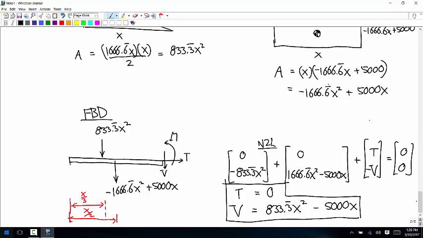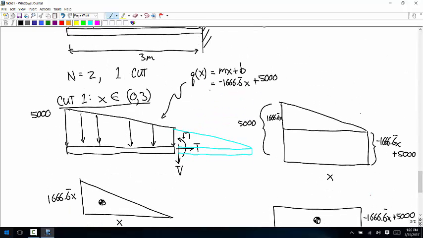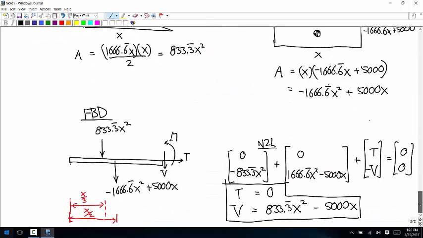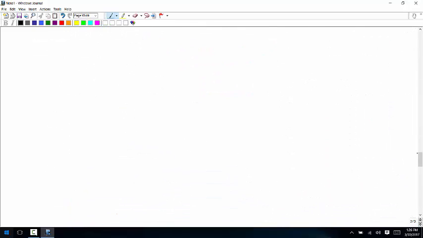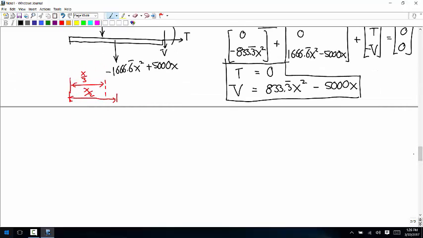Negative dV/dx is negative 1666 x plus 5,000. And that was our q function. So that one works. And then dM/dx, oh, we haven't done that yet. I got so excited.